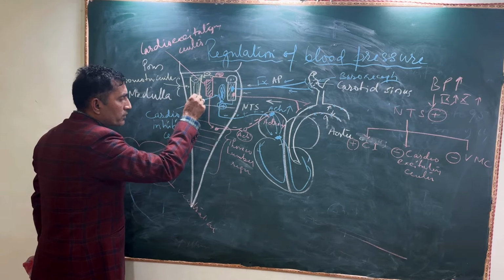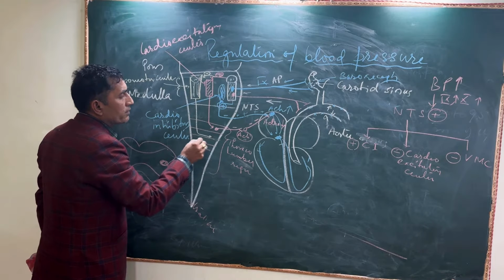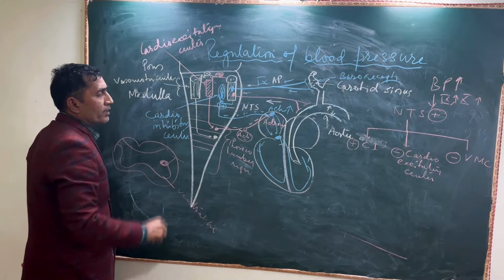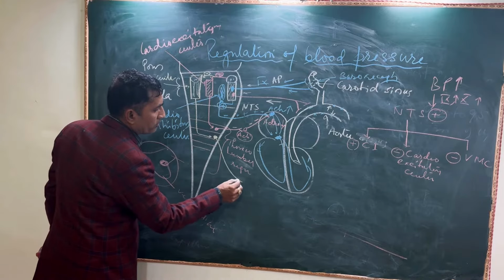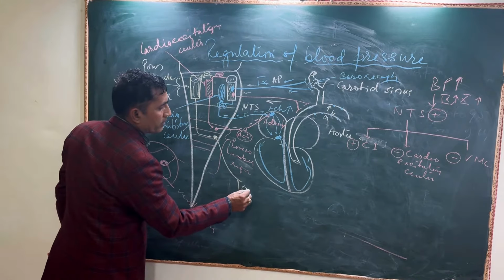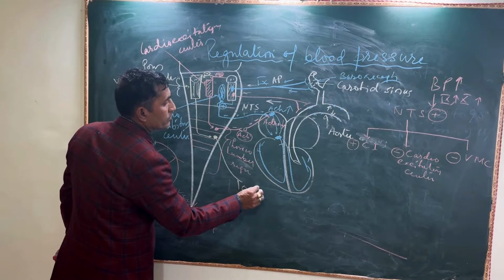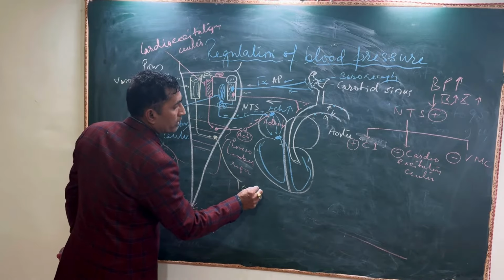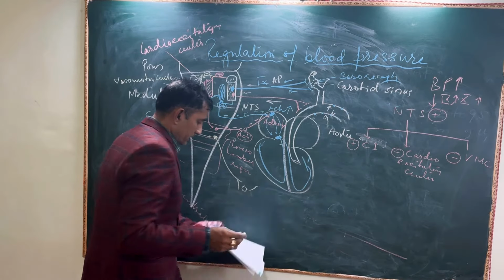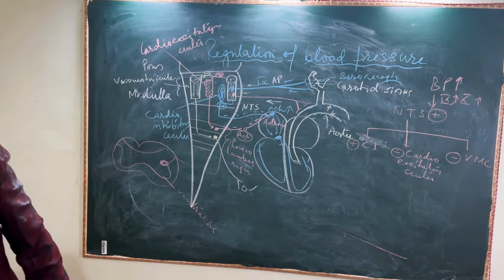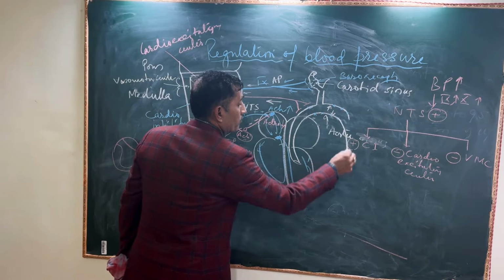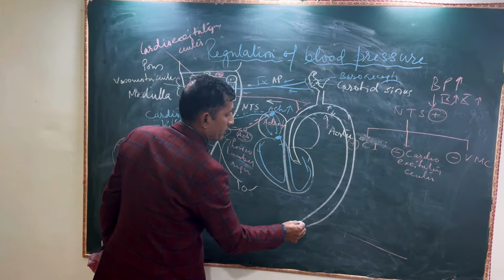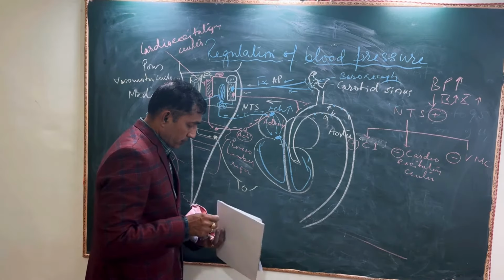From this vasomotor center, if you remember, there is a lateral horn of the spinal cord, and this lateral horn will give a ganglion, and this will go to the vessels. Say this is the blood vessel, and this will supply to the vessel.